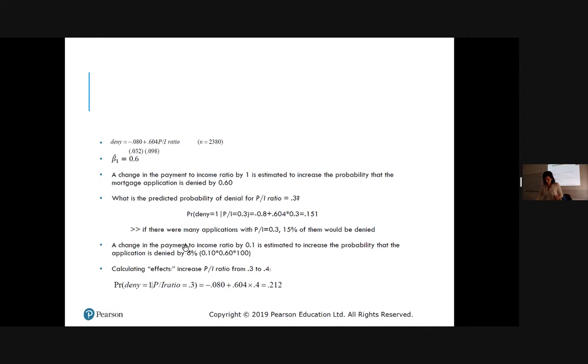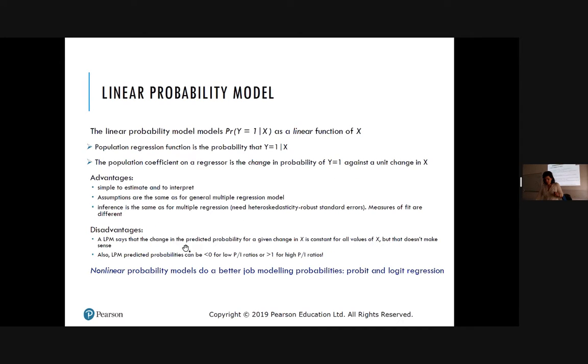So we just applied what we know, and this is the case of the linear probability model. So what are the advantages? This is very simple. We can actually apply the tools that we know. We estimate this model by OLS and make inference as we are used to.